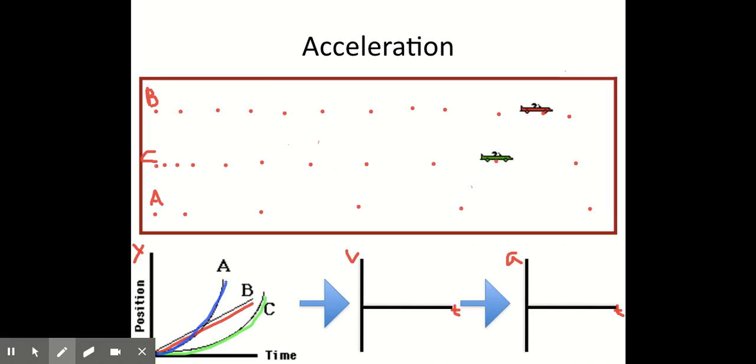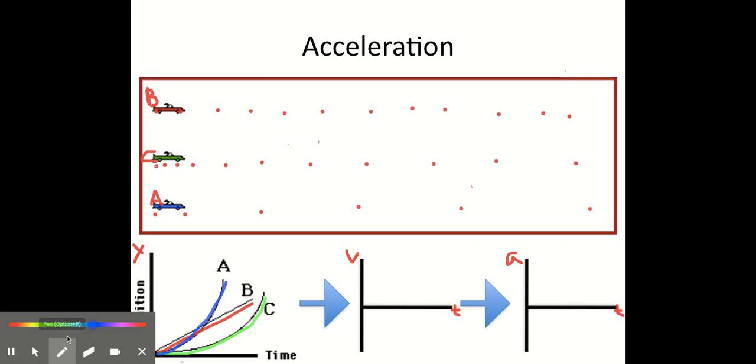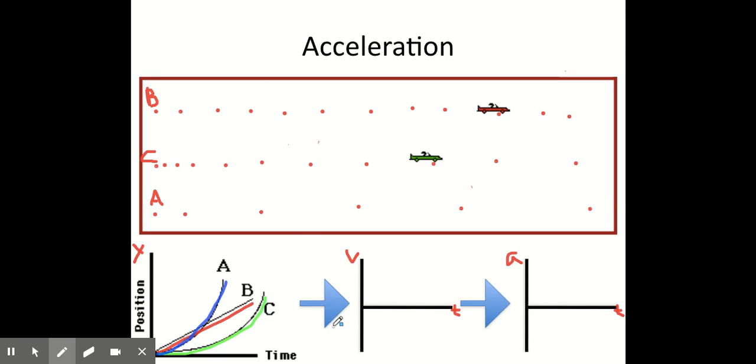Okay, so now let's go back and let's do car B, which is the red car first. So remember to get here, we need to take the slope. Okay, we need to take the slope because the slope of a velocity versus time, or the derivative of a displacement versus time, will get you velocity.